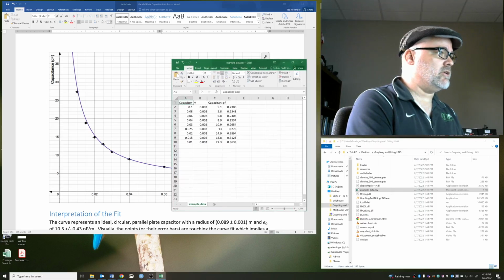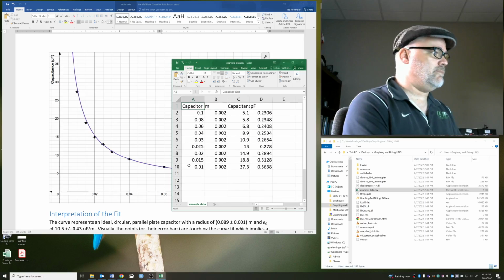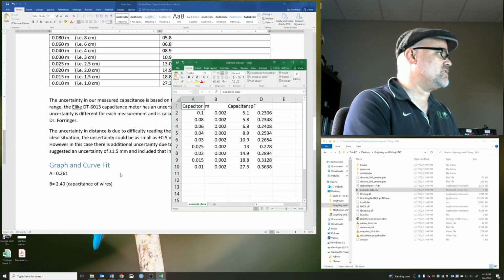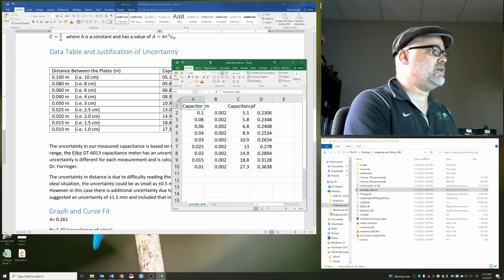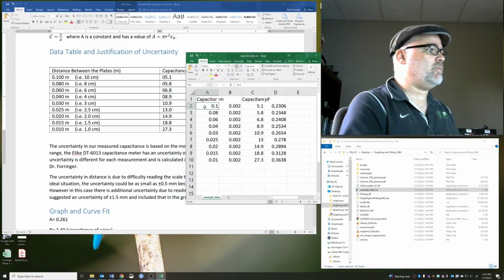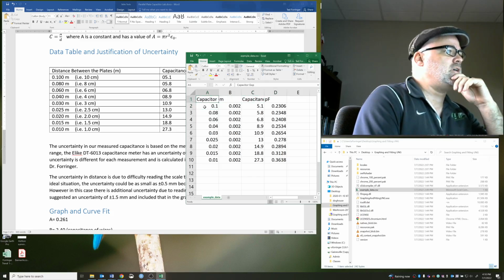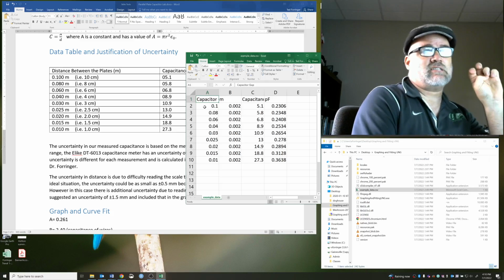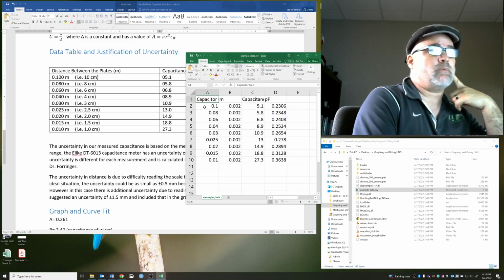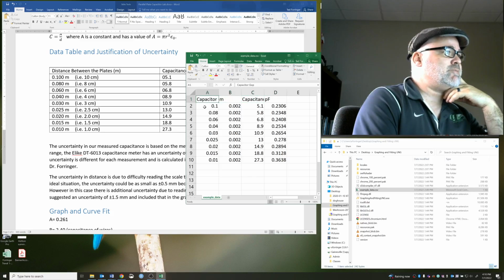So here is the student data, and this was the data that the students collected. There are a couple things here. The first thing is the first row is special, and these data files have to be formatted perfectly for my program to read them. So the first row is special.